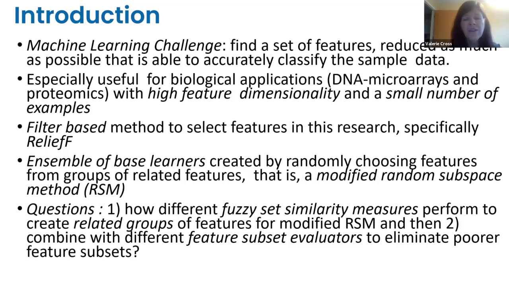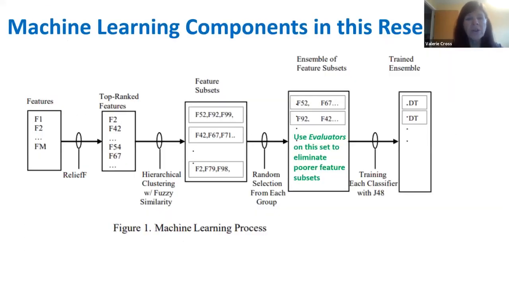Then in this work, we're generating over 100 base classifiers in our ensemble, but how good are these base classifiers? Can we reduce the number of base classifiers that we're using and still get as good, if not better, performance measures like accuracy, sensitivity, specificity, and the F measure? That's what we were looking for.